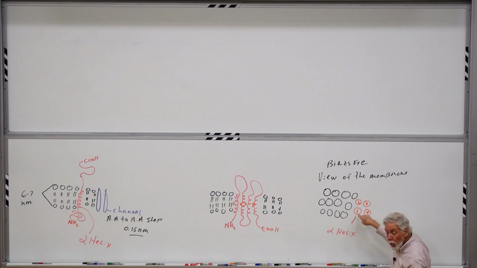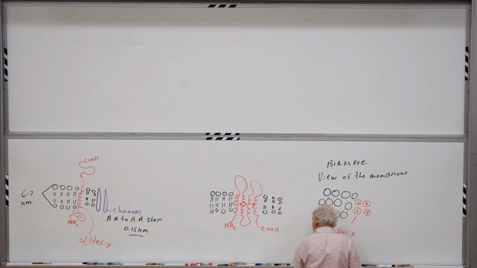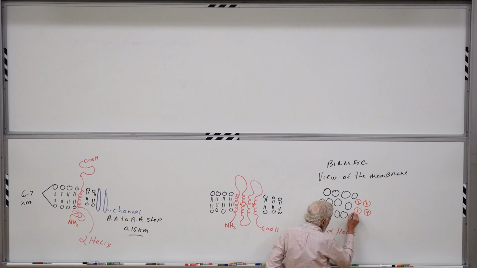Remember, every 3.6 amino acids, you go 360 degrees. So you'll go from out here in the hydrophobic region, the fatty acid side chains, around through the channel region and back out again. So there will be R groups coming off of this alpha helix.